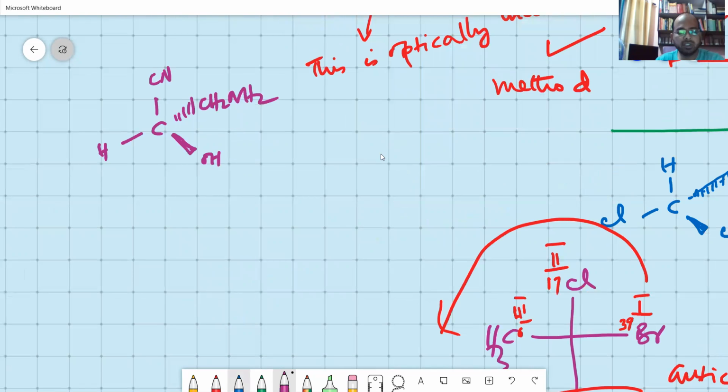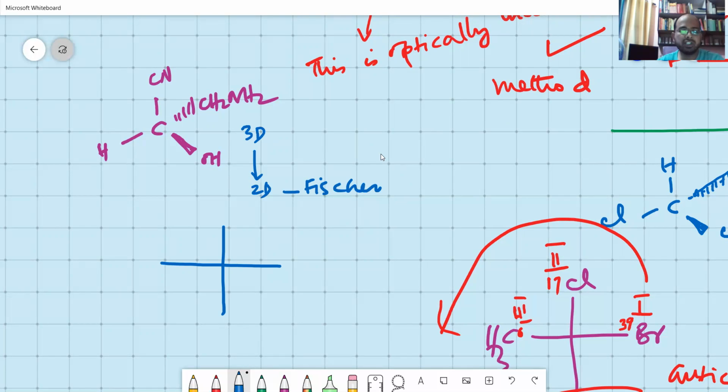Coming to the Fischer projection, you can just draw like this. CH2NH2 is backwards. Okay, you just have to push it flatly. This is a three-dimensional structure. Bring it to 2D. The 2D structure is what we call the Fischer structure. You bring it to Fischer structure, you get CH2NH2 here and OH here.